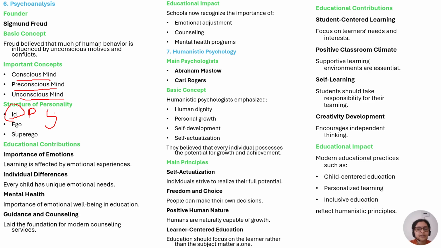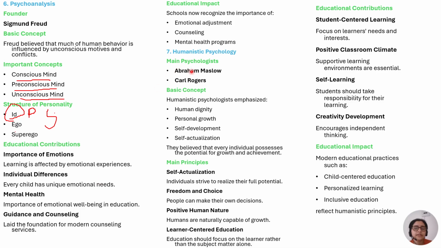These are the main structures of personality according to psychoanalysis. What are its educational contributions? Importance of emotions. Then individual differences, that means every child has unique emotional needs. Then mental health: it emphasized emotional well-being in education, and also the importance of guidance and counseling.